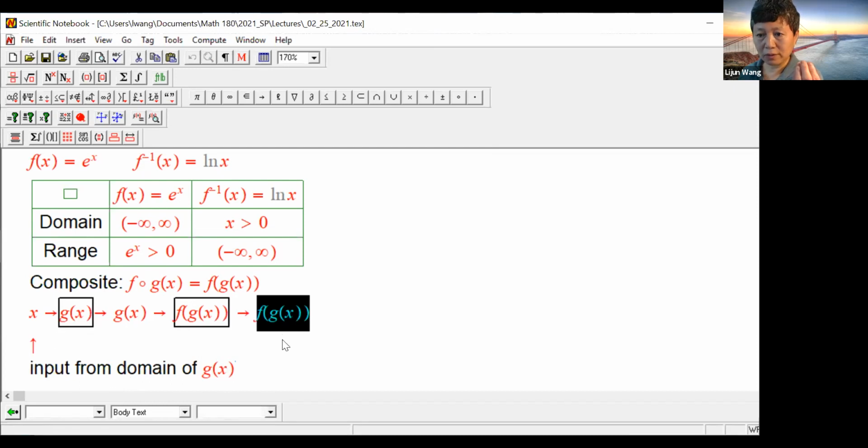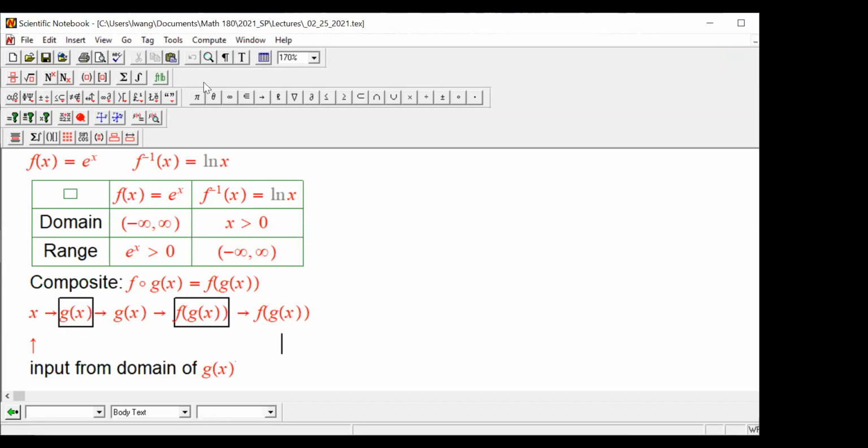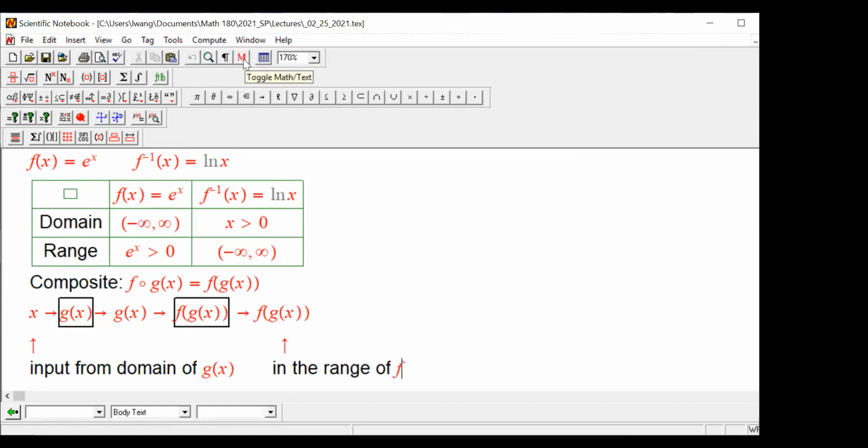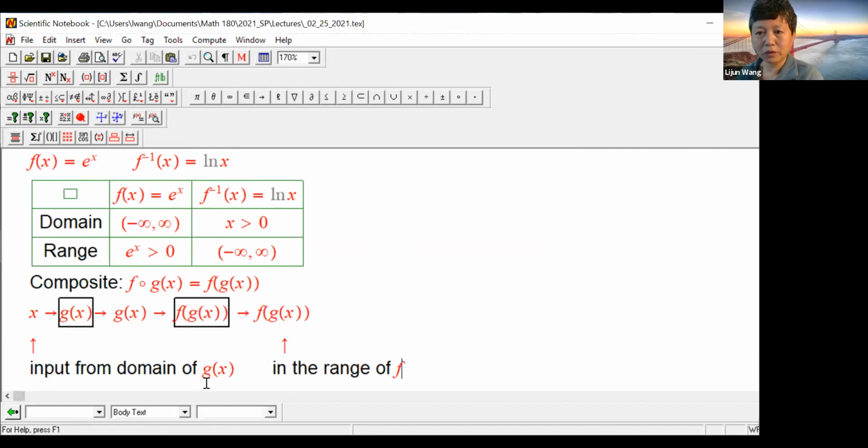This consequence is going to be in the range of what? Of where? This will be in the range of F. Do you follow me? So this is a domain and range requirement, a consideration.